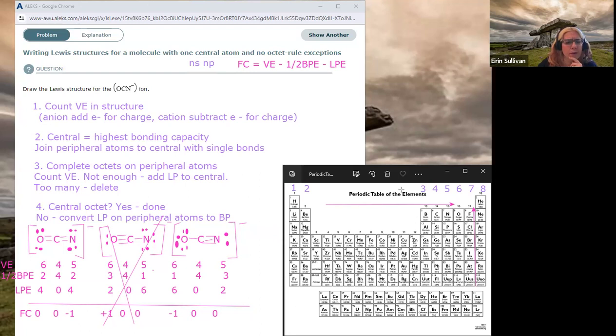Or you can think of it in terms of effective nuclear charge, because we know that as we go across the period, effective nuclear charge is increasing because the shielding is staying the same, and Z is increasing.